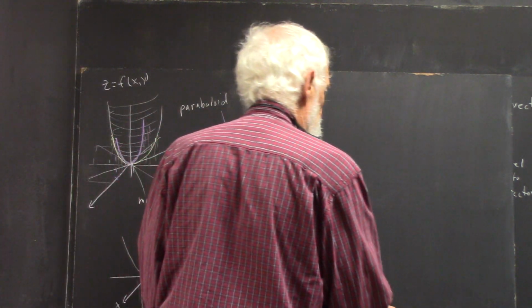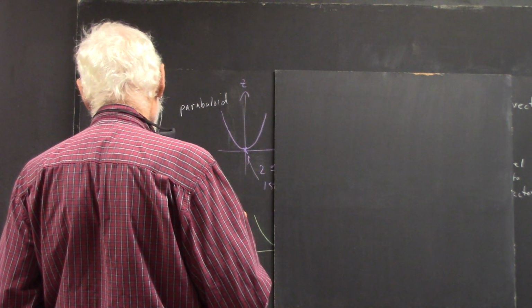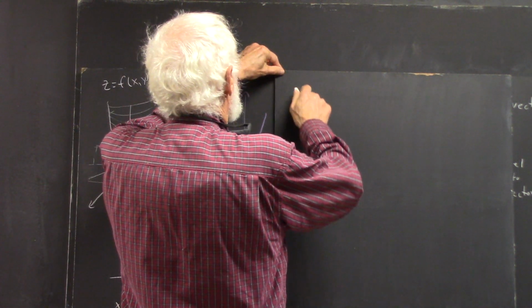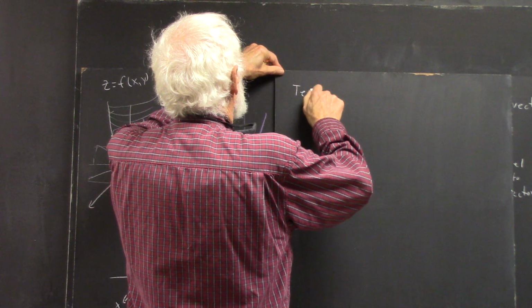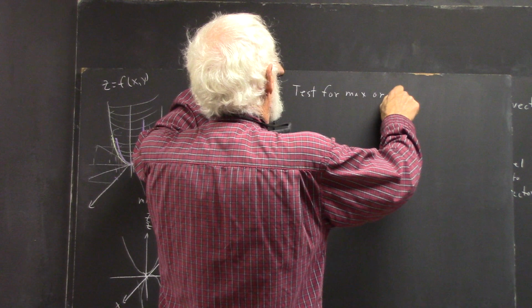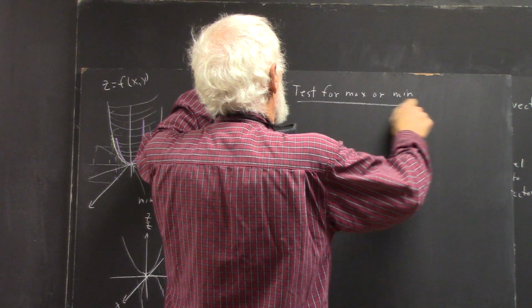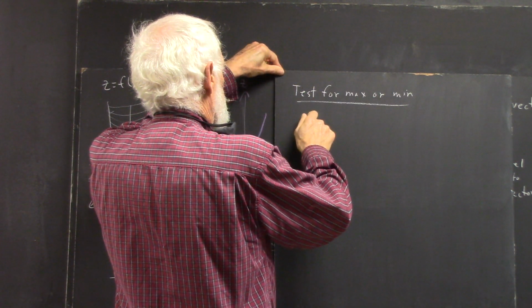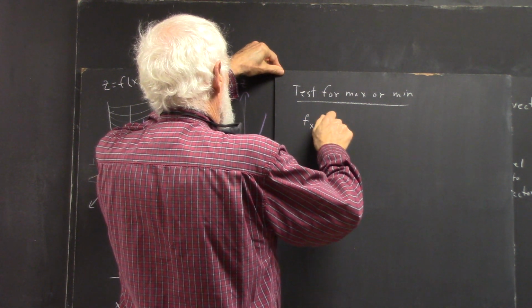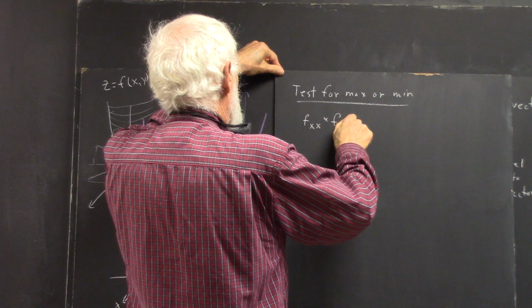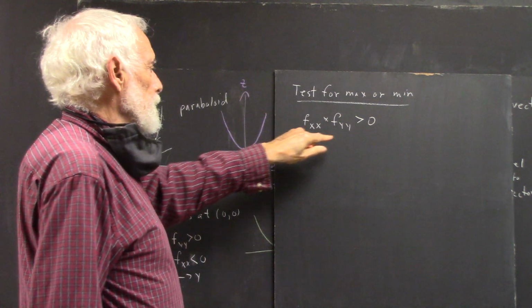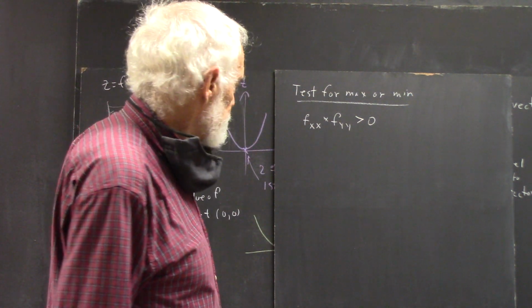But what it comes down to is fxx times fyy has to be greater than 0.